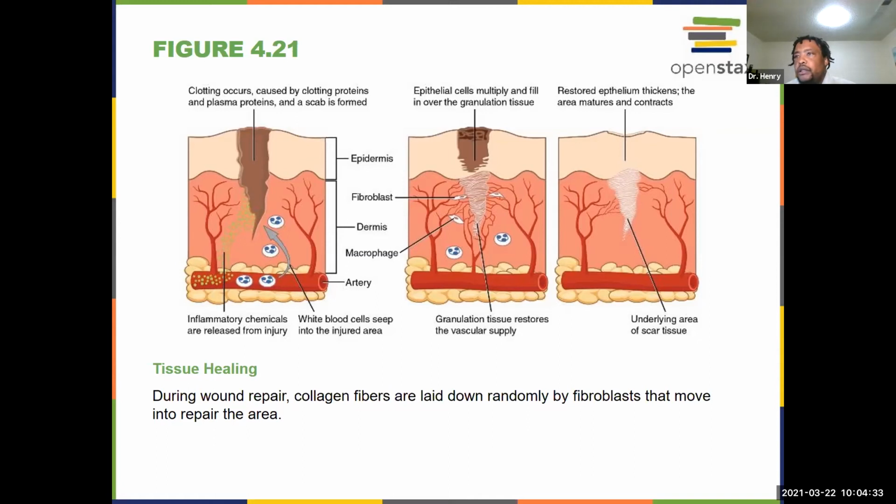So then once your cells, your fibroblasts, your macrophages, and your tissue start repairing and healing itself, your scabbing and stuff like that is going to start dissolving and fading away. Eventually, you notice how your scab falls off, or we get anxious and we pull it off, one or the other, right?